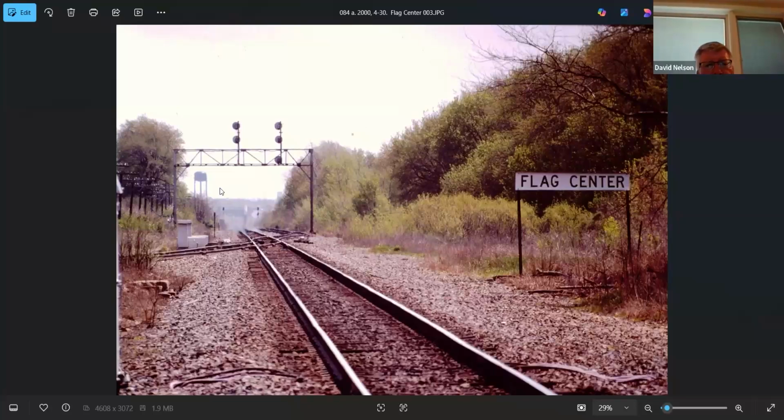But as you can see, coming out of Rochelle, there's a siding here that heads basically geographic north.